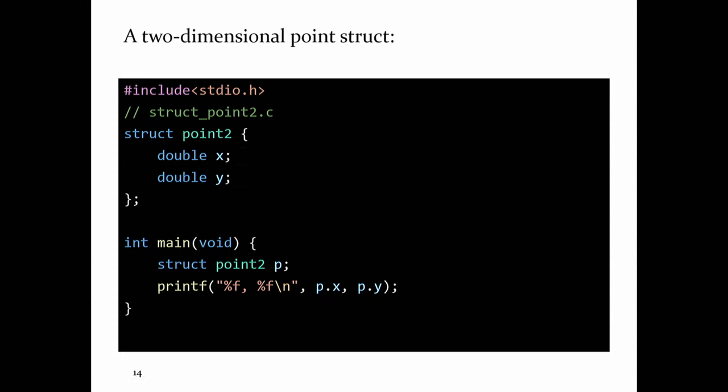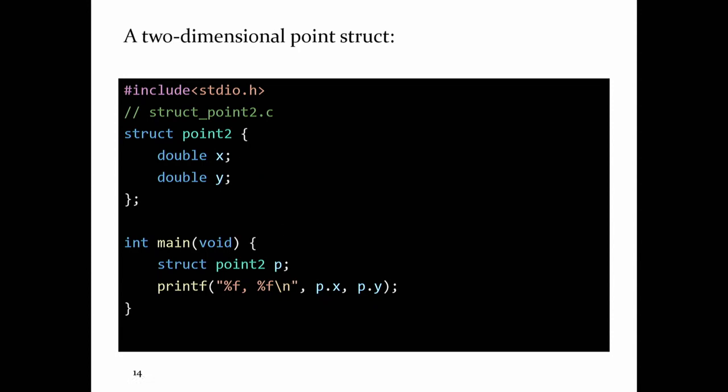It has an x and a y coordinate, and they're both of type double. So it basically looks like a class with no methods. The name of the type is struct point2. The name of the type always includes the word struct in C.